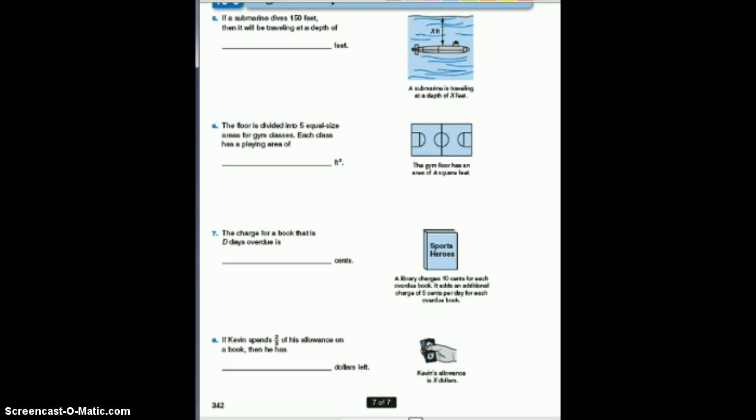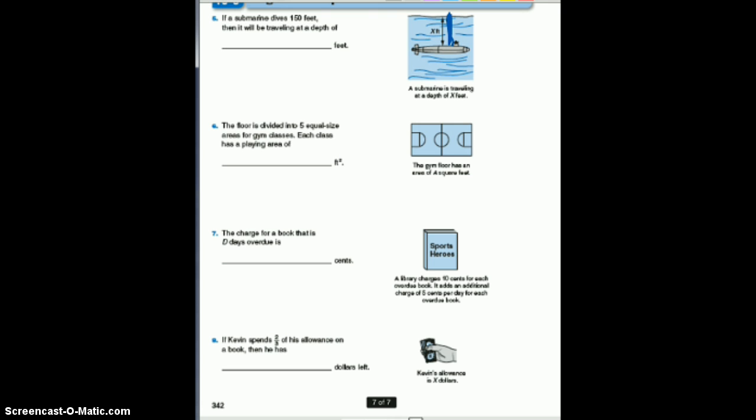There we go. How'd you do on that page? Okay, number 5 is sometimes a little tricky for kids. It says if a submarine dives 150 feet, then it will be traveling at a depth of blank feet. So I want you to look at the picture for a moment. Right now, how far down is this?